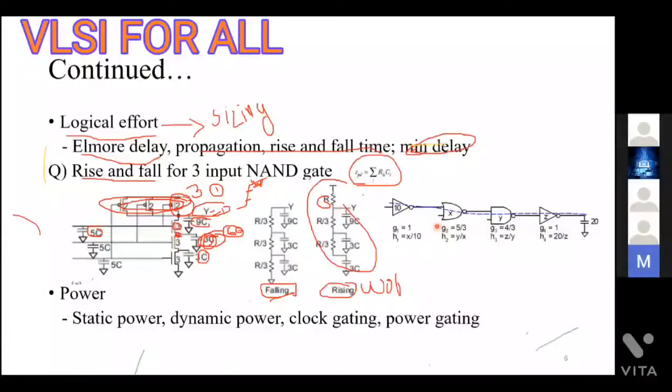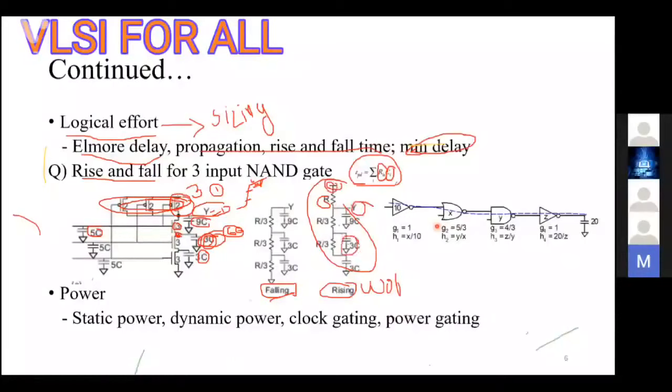According to Elmore delay, the total propagation time will be the summation of RIS into CI. Here CI is the node capacitance at each node, and RIS will be the intersection of the resistance from source to output node and the source to the given node.